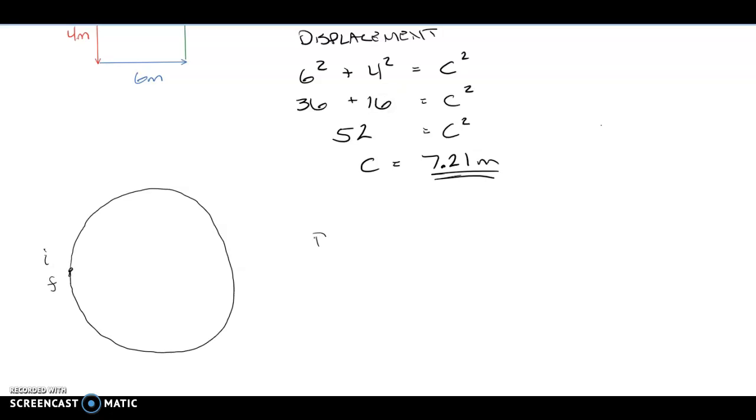Well, what is my distance? Well, I would need to know something about that path. It's a circular path, and I might know a radius. The radius, let's call that 2 meters. This is called the circumference, which would be my total distance.